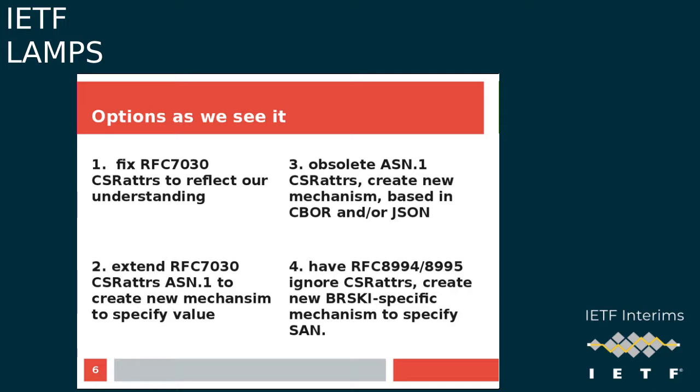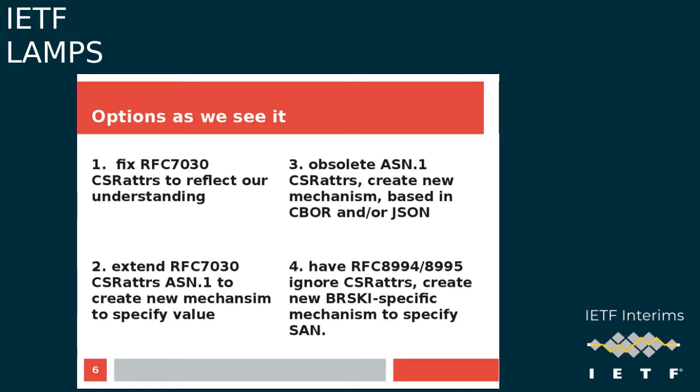Do I have some volunteers to be authors of this document? Yes. Okay, so I heard Michael's willing to do that. I'm jumping over to chat, and Dan says he'll contribute.